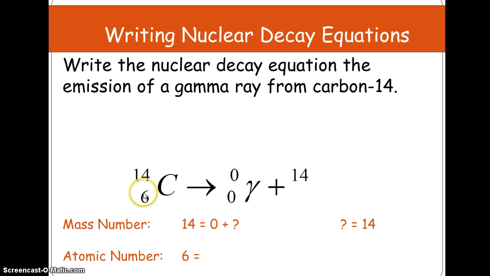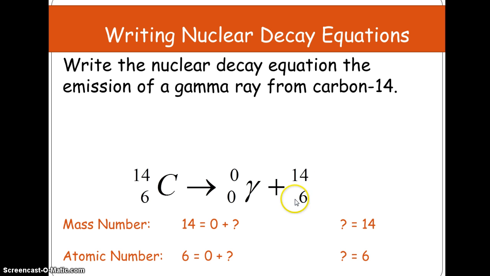So we can write this as 6 is equal to 0 plus this atomic number. Subtract 0 from each side, and our atomic number is going to be 6. So now we've got the mass number up here, atomic number down here. 14 on the left, 14 on the right, 6 on the left, 6 on the right.